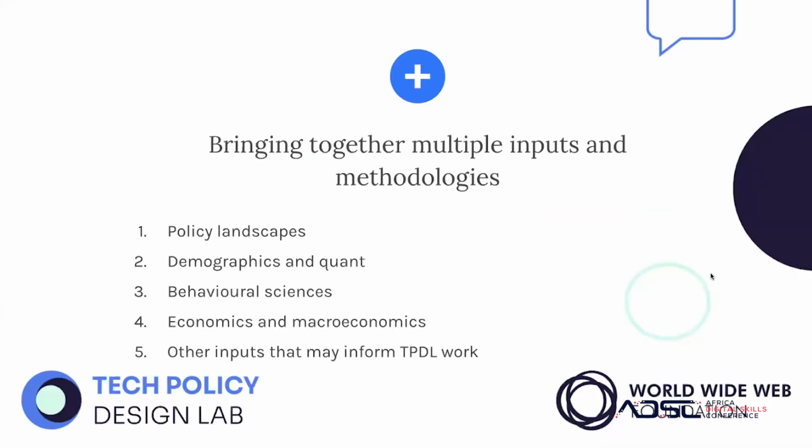So to go in deeper, when we think about bringing together multiple inputs and methodologies, there are different ways you can do that. One is a policy landscape. Just what are the existing regulations out there? What are the existing solutions out there? You can look at demographics and quant, like numbers, the data that's available.